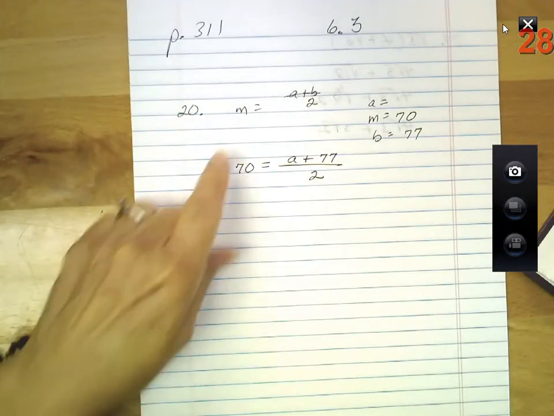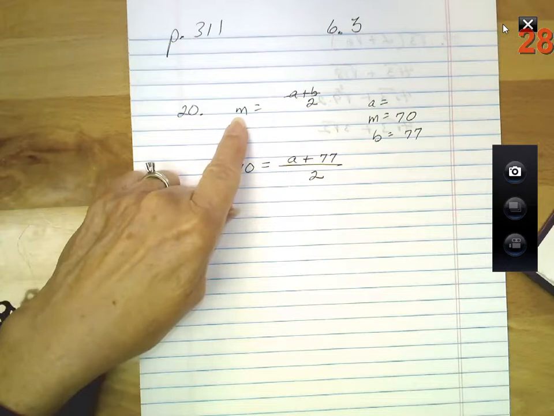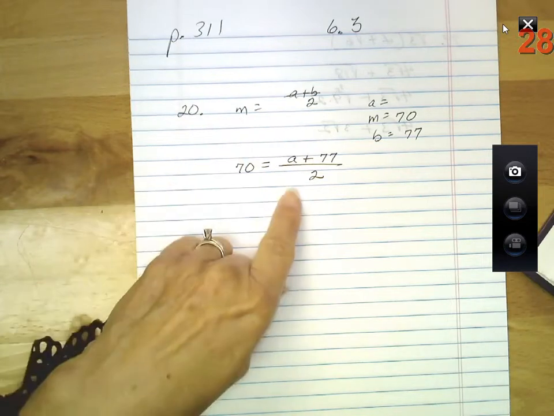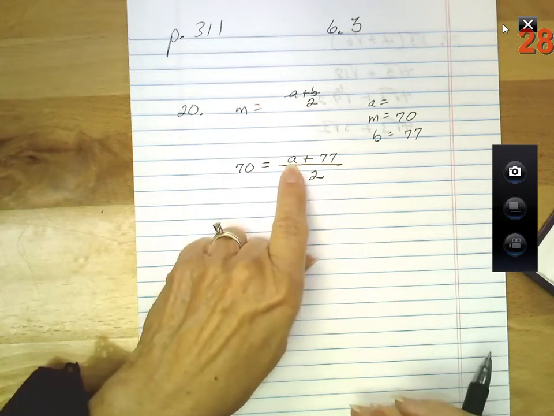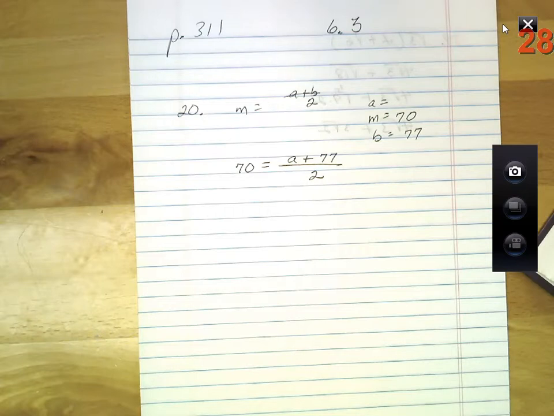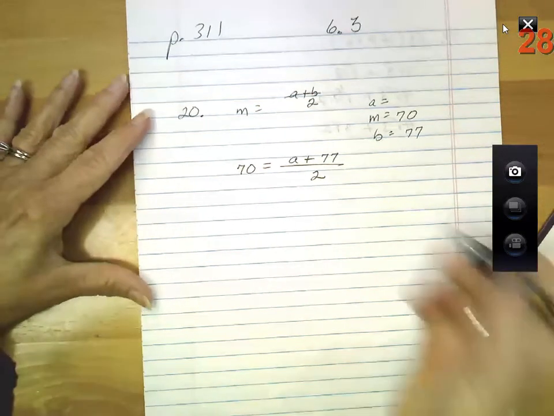Now, you're not always finding the one that's over here by itself. On this one, it's kind of different. How could I work this? You remember your whole reason, if you're trying to find A, you want it by itself and everything else on the other side. What could I do to make it a simpler problem? A over 2 plus 77 over 2. Break it down. You can do it like that, but you can do it even a step easier.